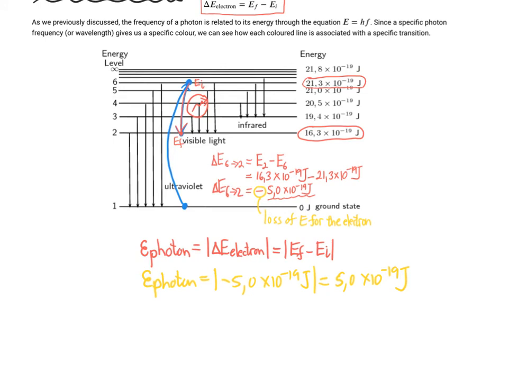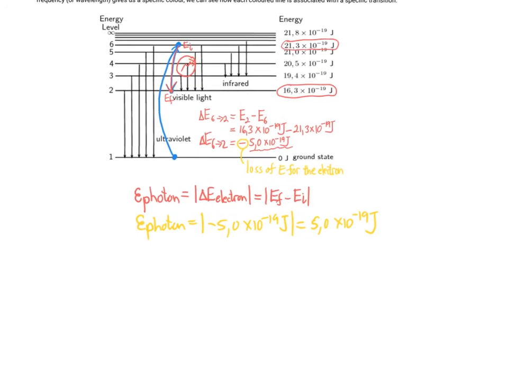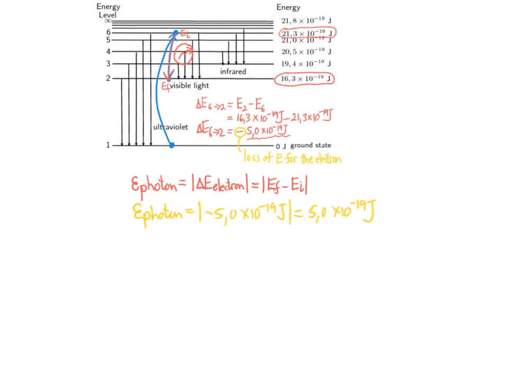Now, using the formula for the energy of a photon, we can say that Planck's constant times the frequency of the photon is equal to 5,0 times 10 to the minus 19 joules. And we know that Planck's constant is 6,63 times 10 to the minus 34 joule seconds, multiplied by the frequency of the electromagnetic radiation that is carried by the photon.